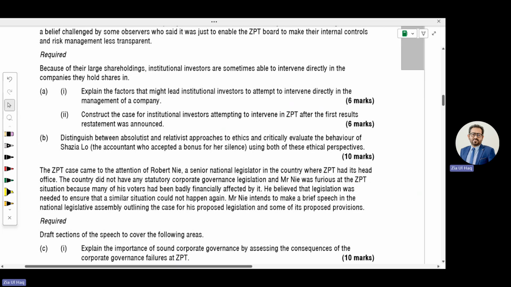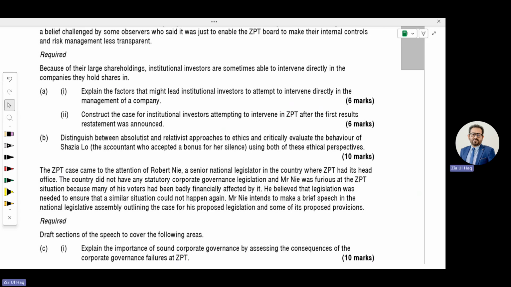The previous question, the first question, LUM, was for 25 marks. Then we covered a 20 marks question, Tomato Bank. Now we are moving towards a 50 marks case study. And by practicing these 25 and 50 marks questions, we will move towards a 100 marks case study. That will be our final exam.